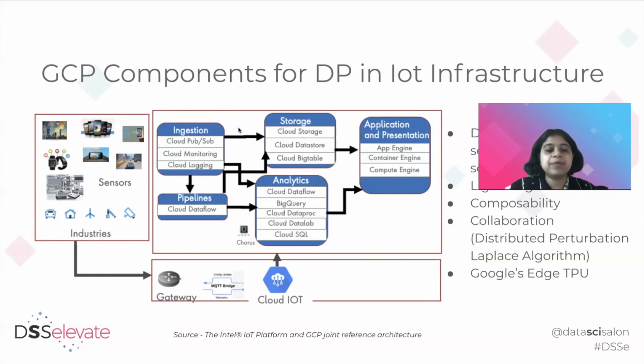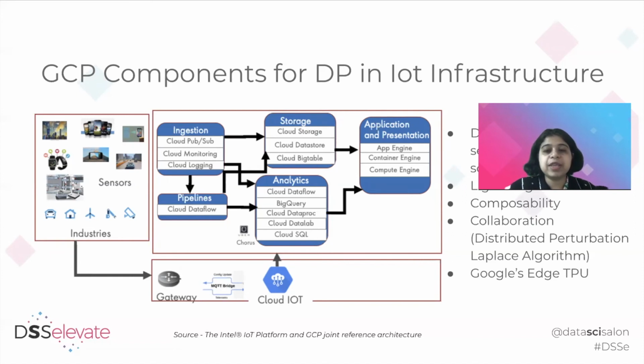We also have the Pub/Sub messaging framework, monitoring and logging. All this can be treated as a single component of the cloud, where Cloud IoT pushes the data after it is collected from the individual sensors to the gateway and the MQTT bridge.